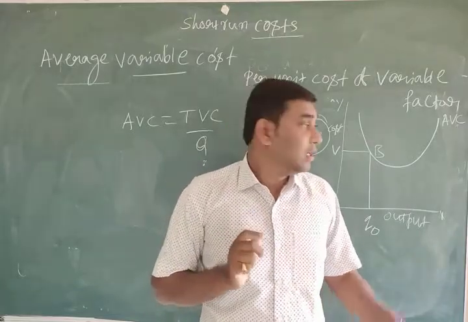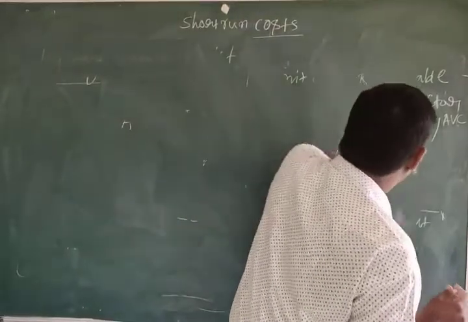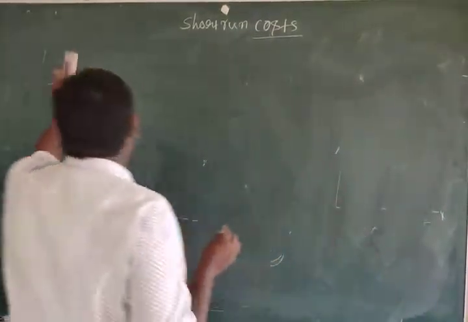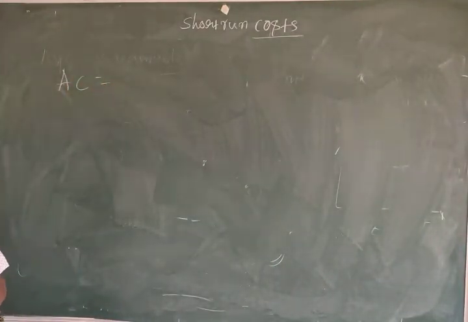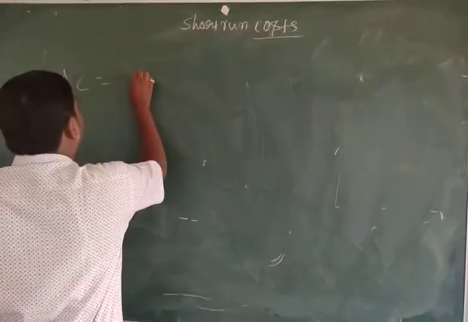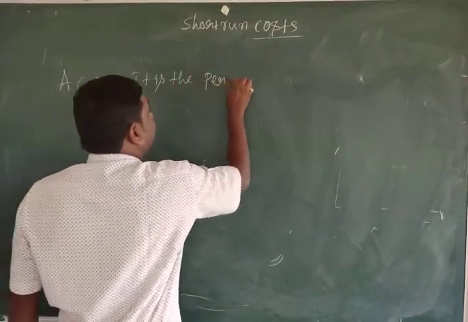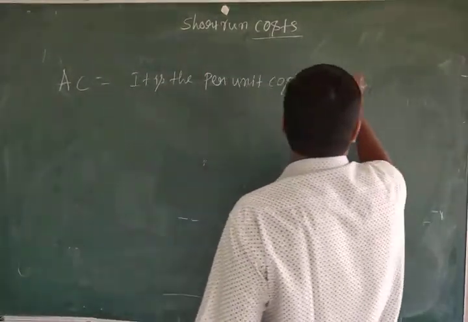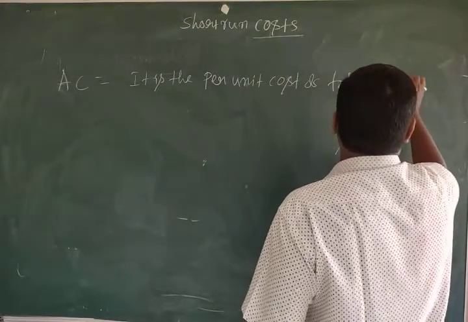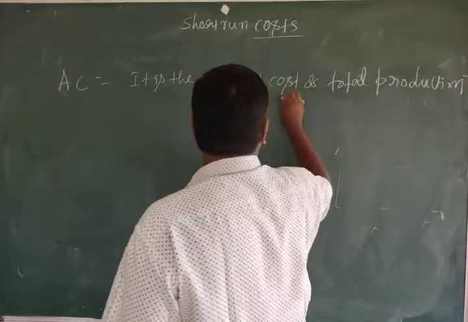Then the remaining one is AC, that is called short run average cost. AC, as you know, is the per unit cost of total production.